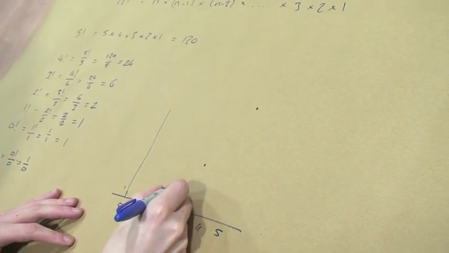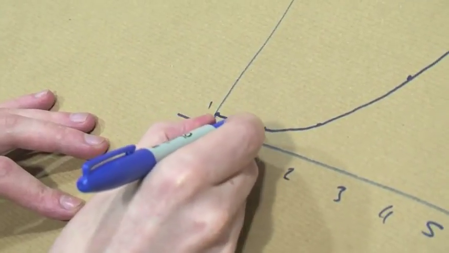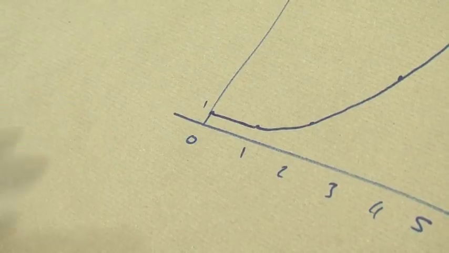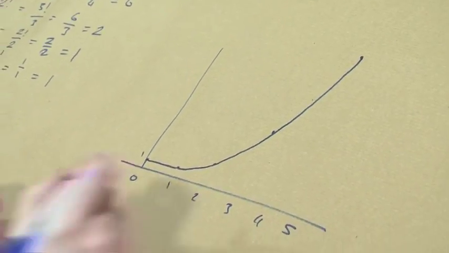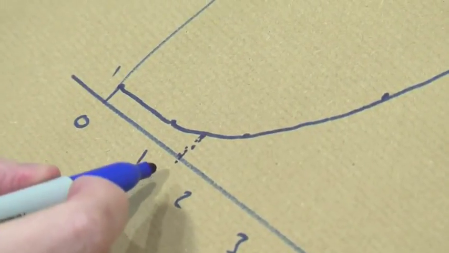And then 5 factorial is going quite high. If we join these together, I've also said that 0 factorial is 1, so I reckon this is the graph. So in theory, we should be able to get values for in between, like say the number 1.5. What is 1.5 factorial?